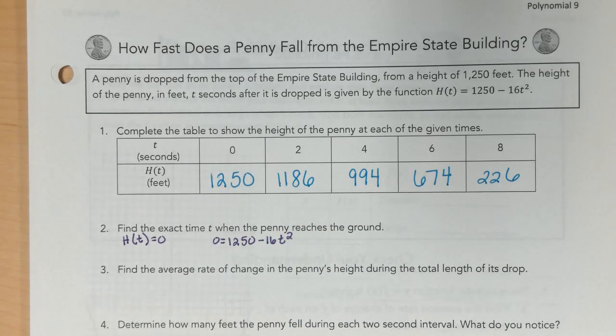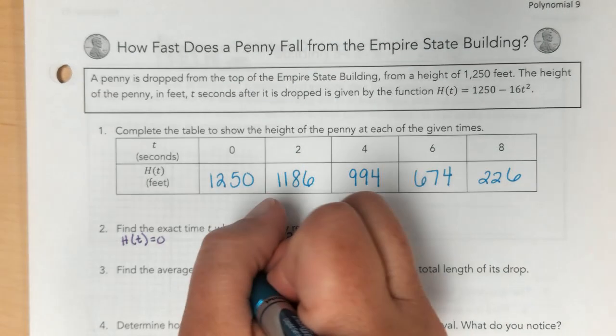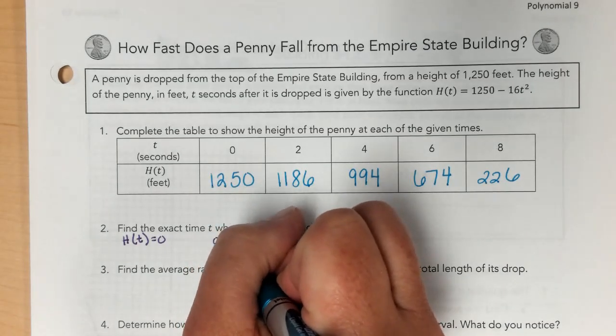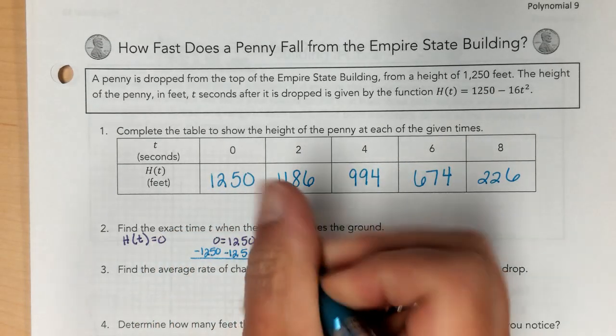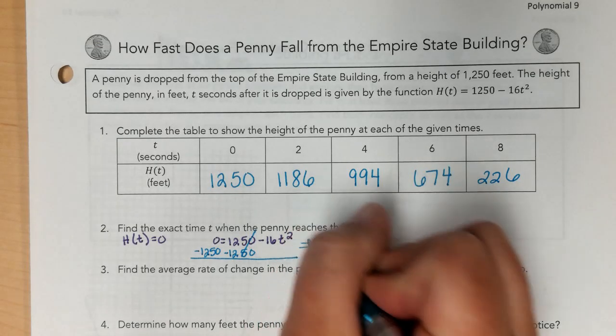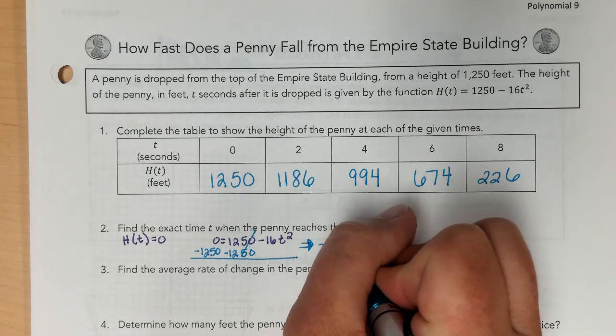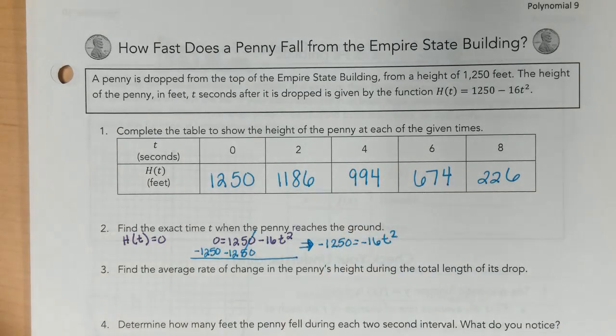So what do we want to do first? Subtract 1250 from both sides. And we get negative 1250 equals negative 16t squared.